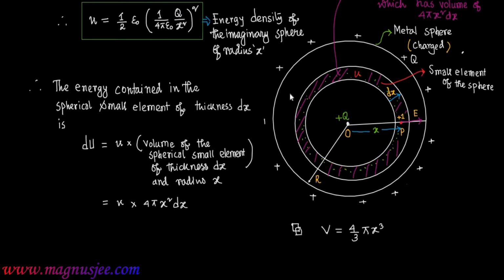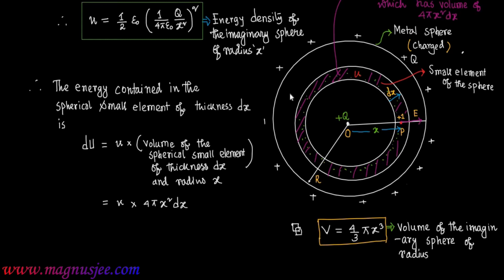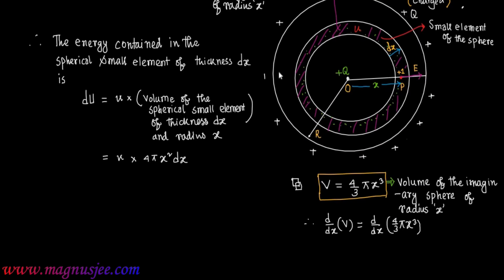Now, the volume of the sphere of radius x is V equals 4 by 3 pi x cube, which is the volume of the imaginary sphere of radius x. Therefore, dV by dx equals d by dx of 4 by 3 pi x cube, or dV by dx equals 4 pi x square.